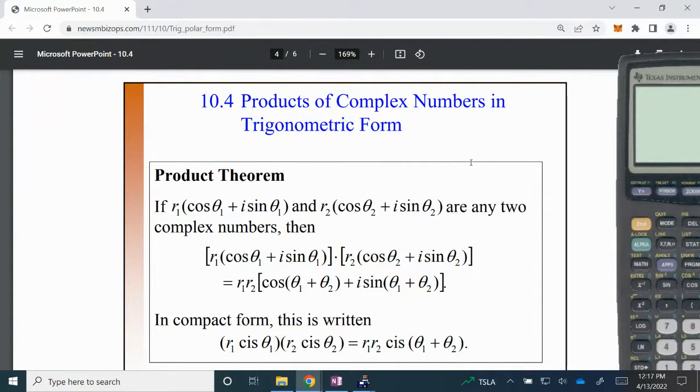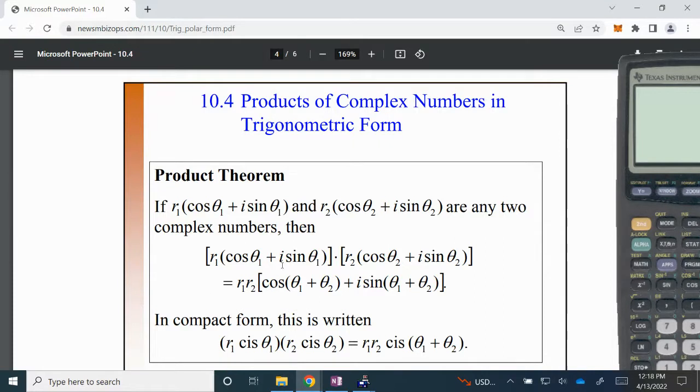First off, we must have two numbers that are in trig or polar form. We have our first number in polar form as r sub 1 times cosine theta sub 1 plus i times sine theta sub 1. And we have our second number as r sub 2 times cosine of theta sub 2 plus i times the sine of theta sub 2.